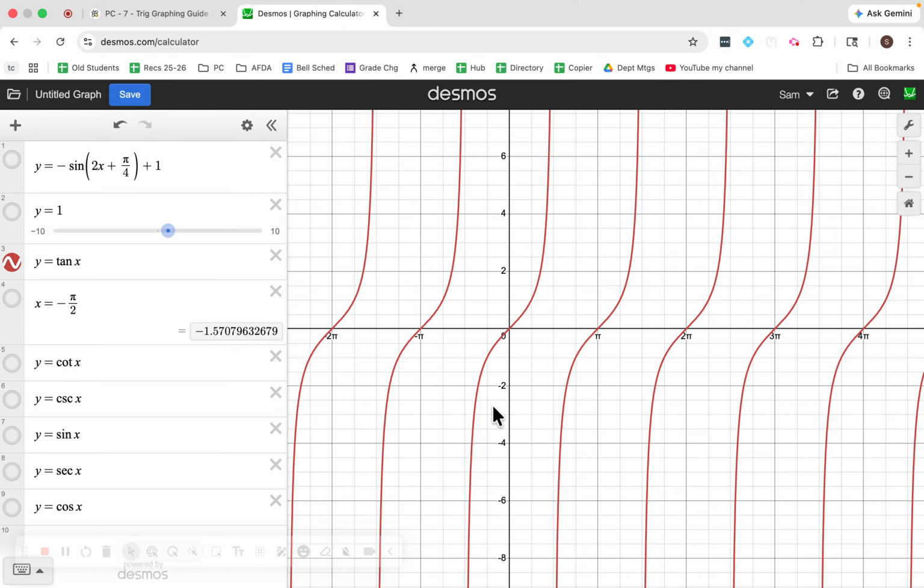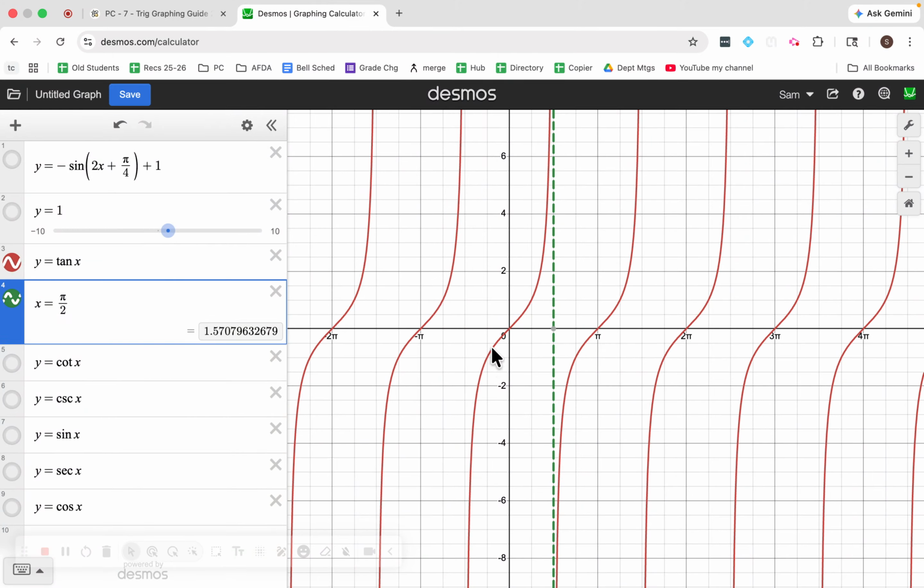So the beginning of the period, as we said, is -pi/2. There it is, and that's an asymptote. And the end of the period is pi/2, so you see the asymptote there. This is one cycle of tan, and notice how we said it rises from this point here, which is -pi/4.